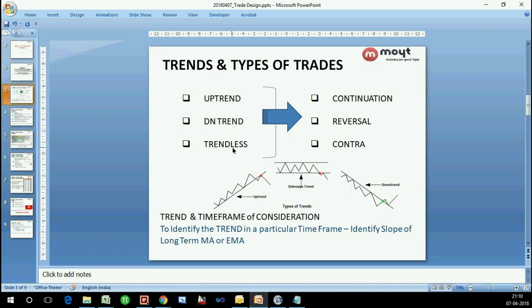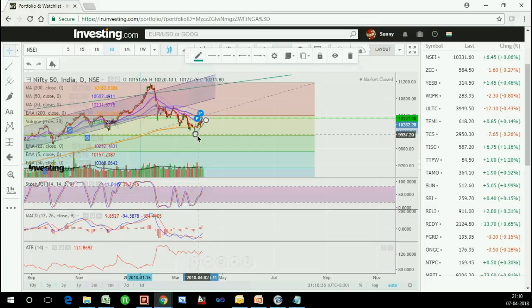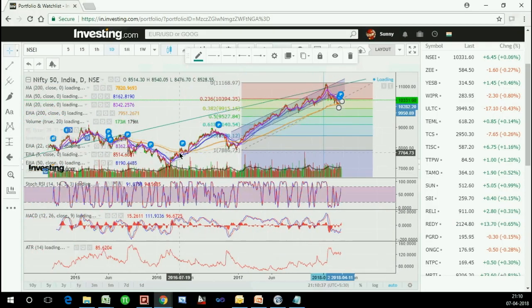I've remarked many times that prices are in a trend only maybe 10 or 15% of the time, and it is a trendless market for the majority of the time. Within a trendless market, you can find small trends, right? If the price has been moving between two ranges, let me find a range.